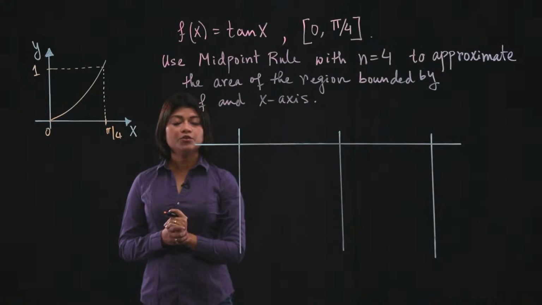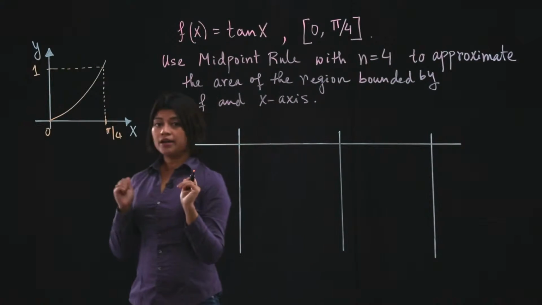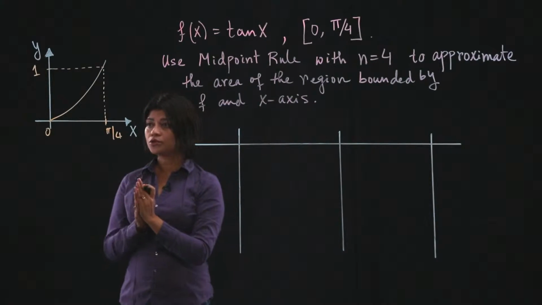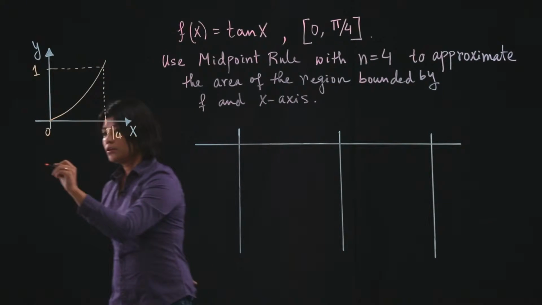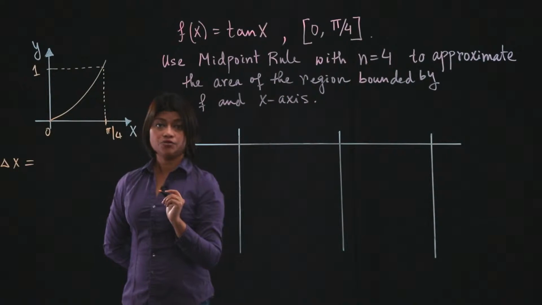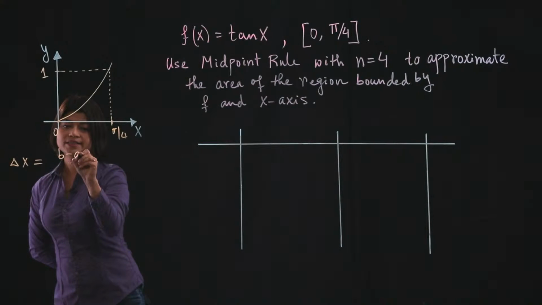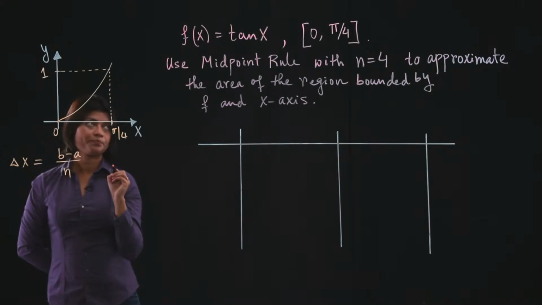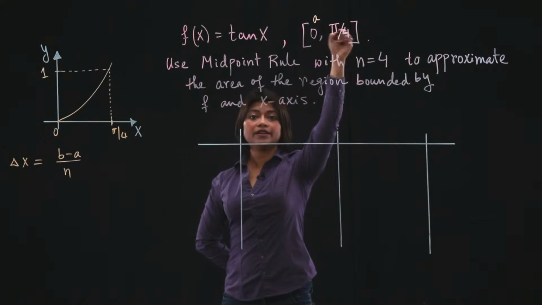All right, we have to use 4 rectangles, so n is 4. Therefore, we can figure out how to partition this interval. So let's figure out the width of each rectangle, that's delta x, and that is b minus a over n, where a and b are given here in the interval.